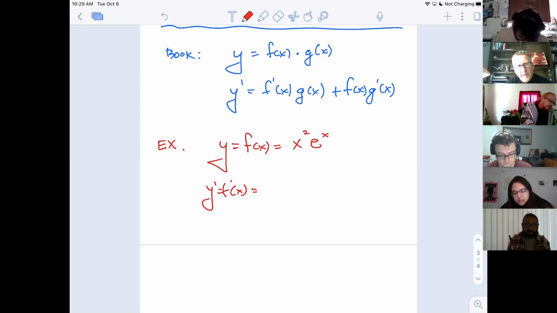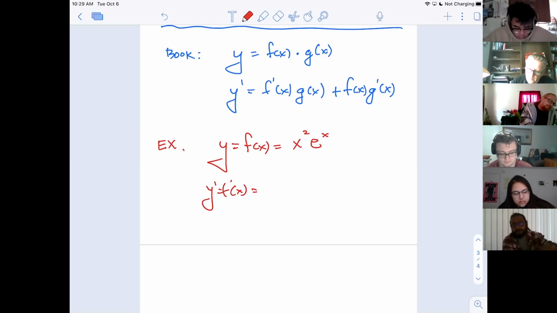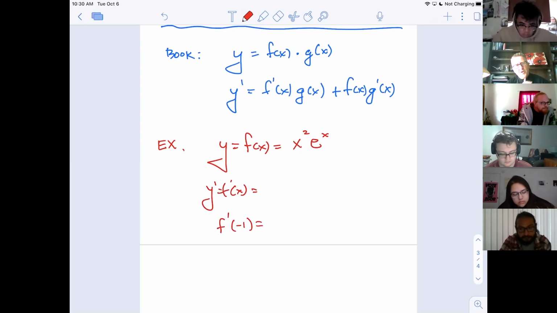That's what you've got to look for here: hey, I've got junk times junk. Oh, I can't just use the power rule. I've got to use the product rule here. What do I do? So get an answer to that. And then go one step further when you're finished and find f prime of -1. Like find the slope on that original curve at -1. And then we're going to go cheat on the graphing calculator and see if that looks right.